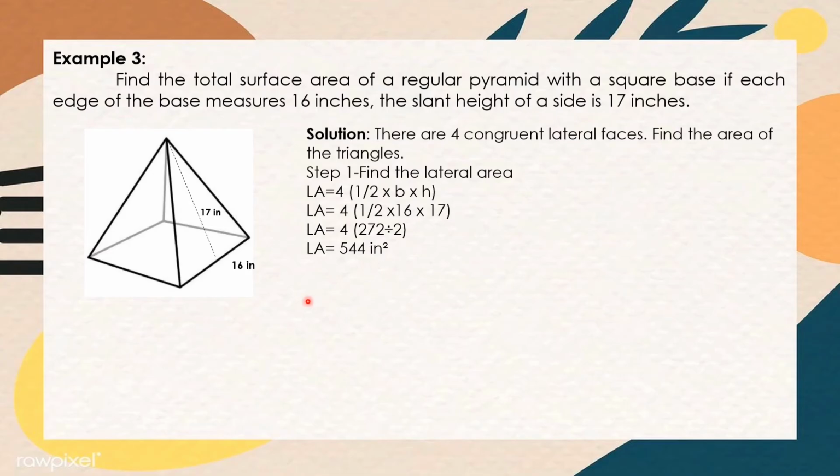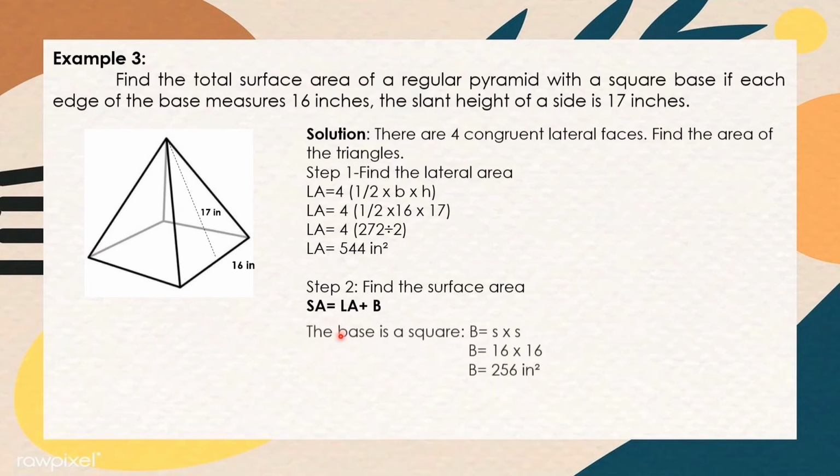Let's have step number 2. Find the surface area. The formula for this will be surface area is equal to the lateral area plus the base. So we'll just add the lateral area to the base. The base here is a square. The area of a square is side times side.